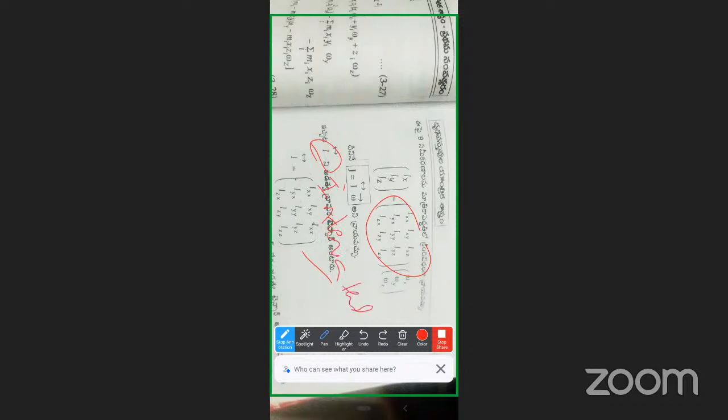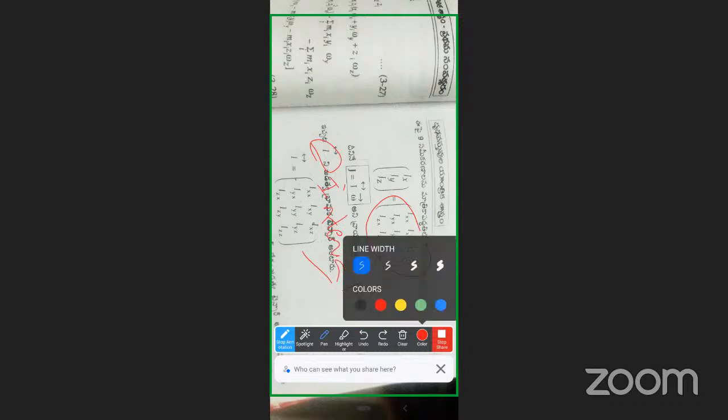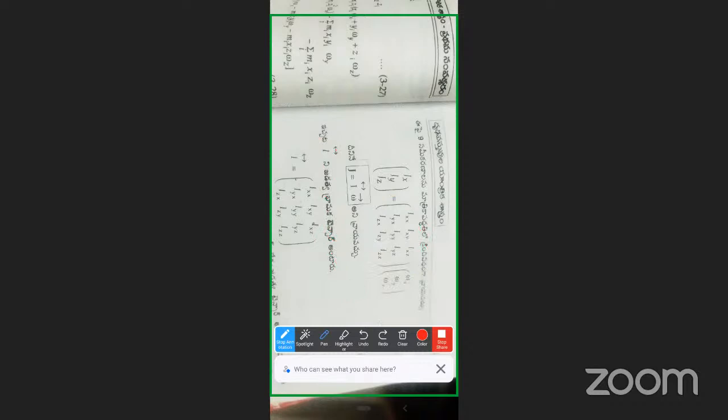This is a very important question: angular momentum and inertia tensor.